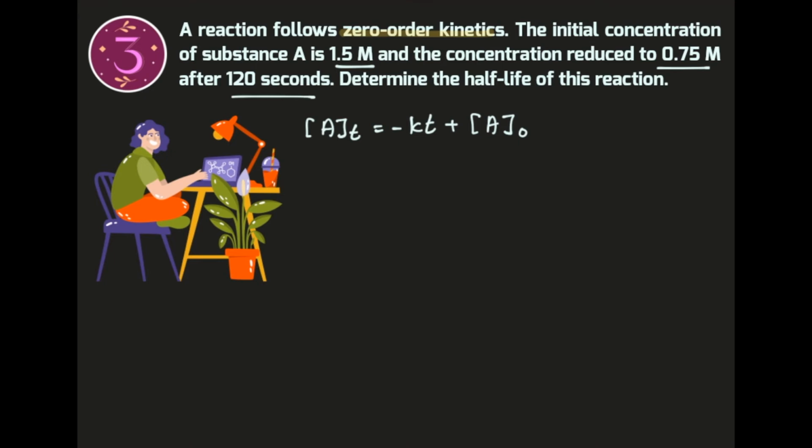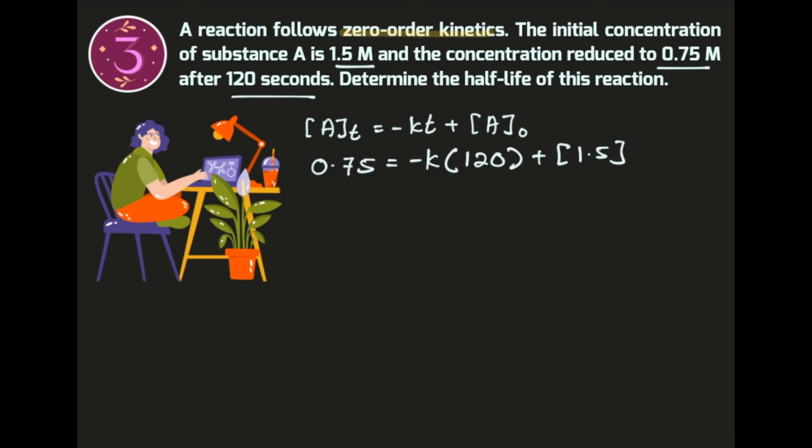So from here you know that you can calculate the value of K. So the final concentration 0.75 is equivalent to negative K, and the time taken is 120, plus your initial concentration is 1.5.